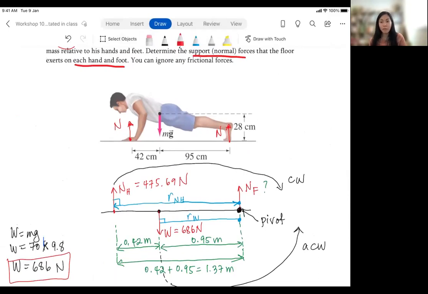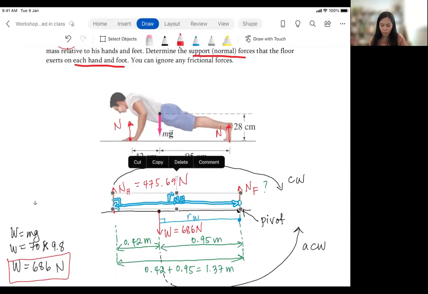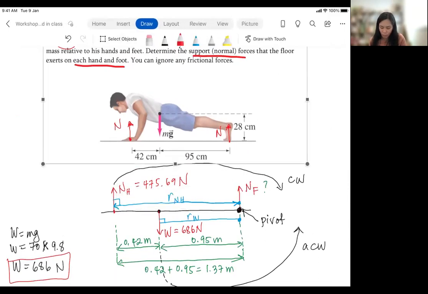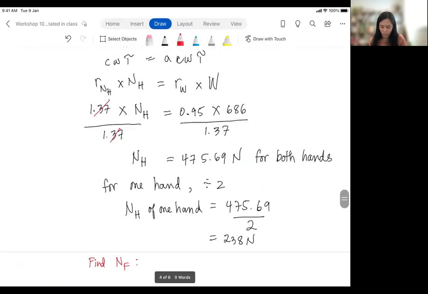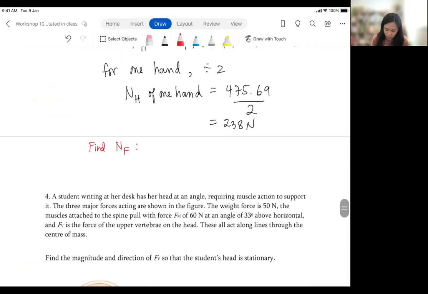So you can use net force is equal to 0. So the upward forces, NH plus NF, should equal the downward force, the weight force. So total upward force should be equal to downward force.